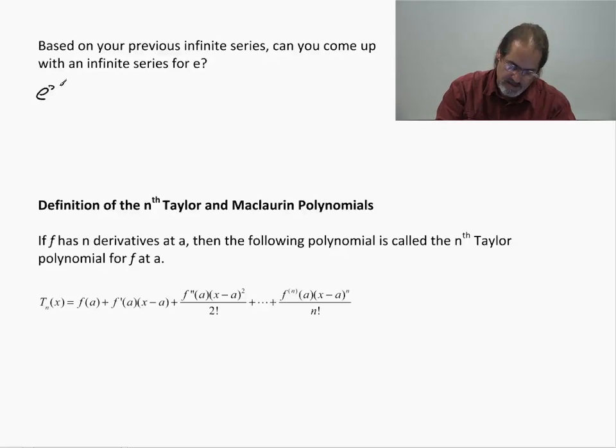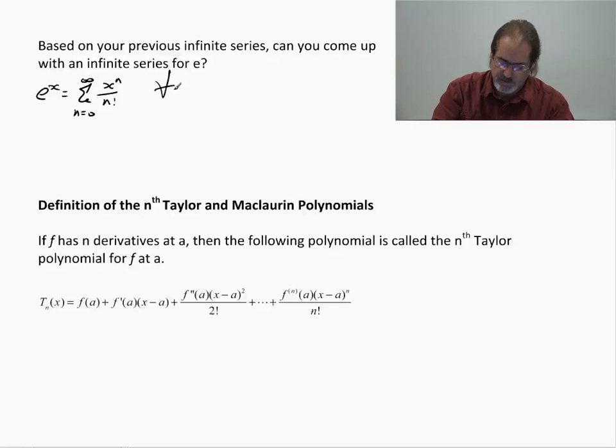Well, we said that e to the x equals the sum, n equals 0 to infinity, of x to the n over n factorial. And we said it converges for all x. So how can we modify this to become an infinite series for simply the value e? Well, isn't it true that e is equal to e to the first?